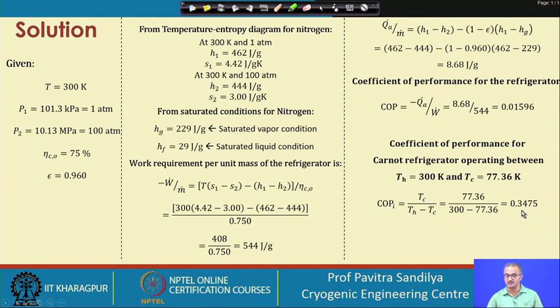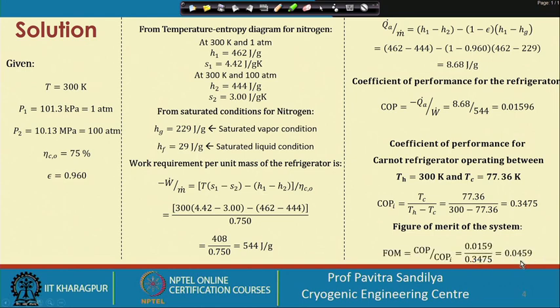We put in these values and find this value of the COP, and we can easily see that the real refrigerator has much less COP than the ideal one. To assess further, we find the figure of merit, and it comes to a very low value, only about 4.6%. That means it is not a very good refrigerator, because it gives a very small value of the FOM.